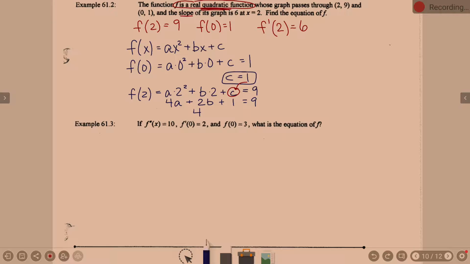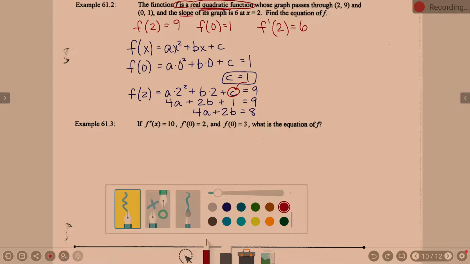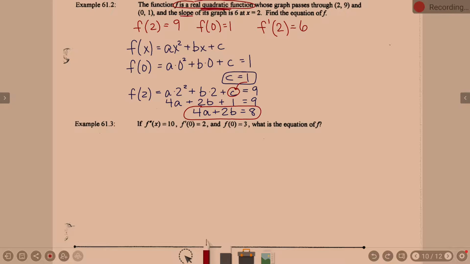So I'm going to write this equation as 4a plus 2b equals 8. Not that that's an answer, but we just need to hold on to that information, right? So we know c is 1. We already had that. We have this equation to help find a and b.